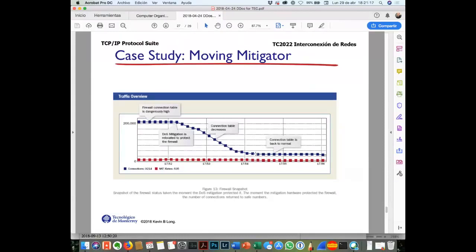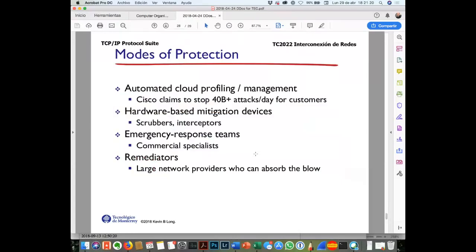To give you an example, Cisco claims they stop 40 billion attacks a day by using a subscription-based information sharing model, where if one person's subscribed firewall type device starts to get attacked, the security vendor, in this case Cisco, will figure out what the fingerprint of it is and push it out to all the other customers' subscribed devices. And so they will not suffer the same attack, or if they are suffering, it'll stop.